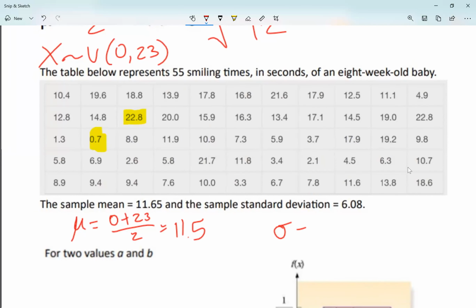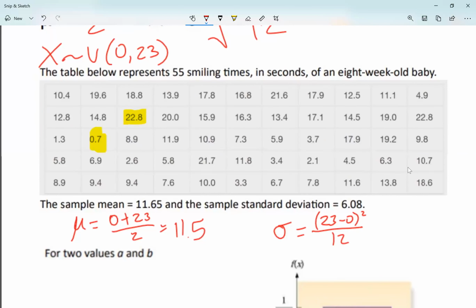Now for the standard deviation using this uniform distribution, I'm going to go 23 minus 0, which is 23. I square my answer, which gives me 529. I divide this by 12, which gives me 44.08 and a bunch of threes.